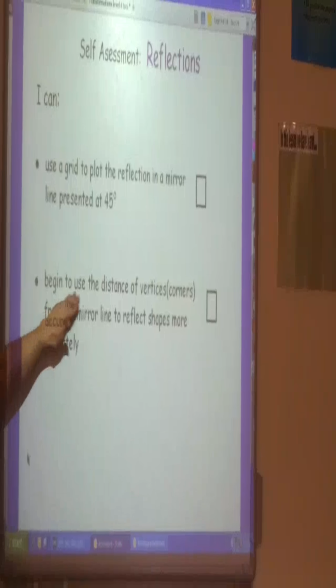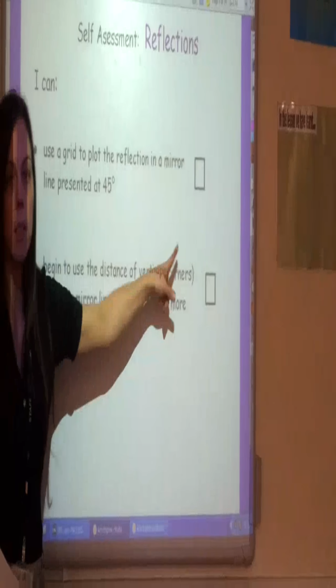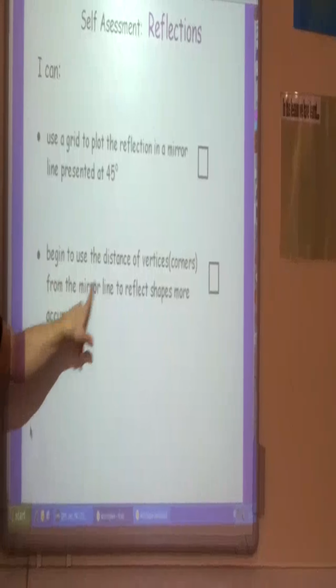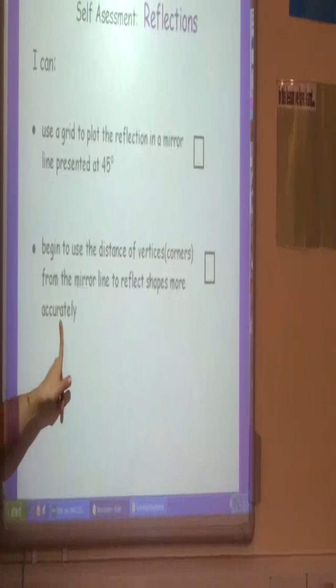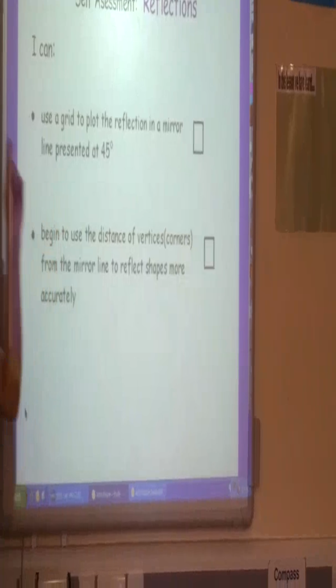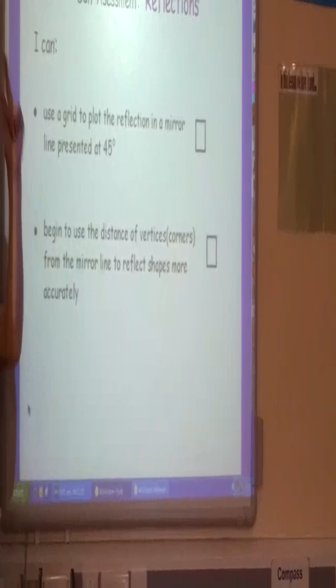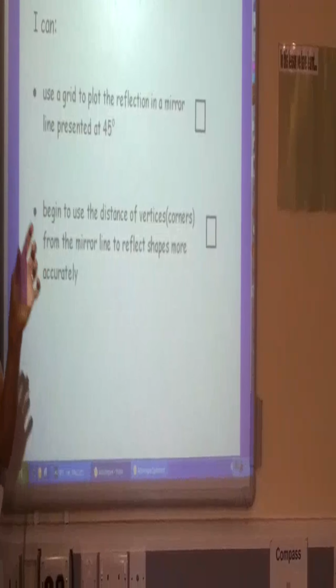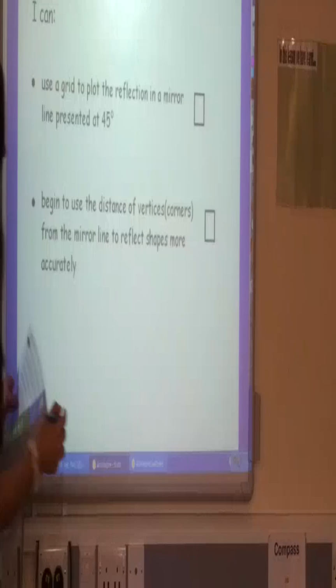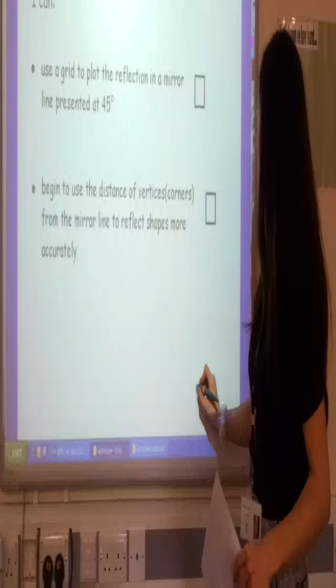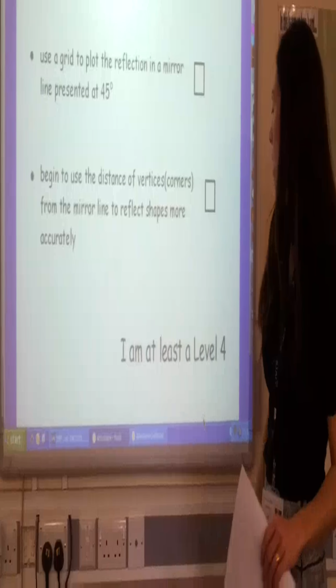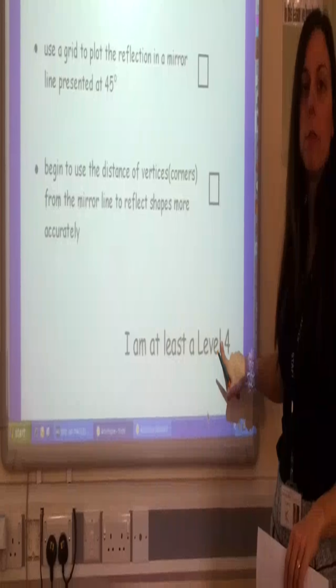I can begin to use the distance of vertices, the corners, from the mirror line to reflect shapes more accurately. So I can count how far my image is going to be away from my mirror line if I know where my object is. And that will give me at least a level 4.